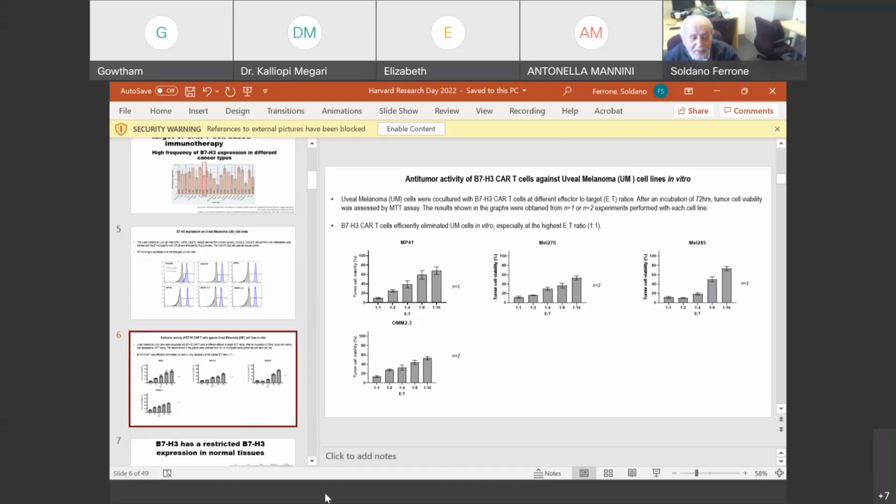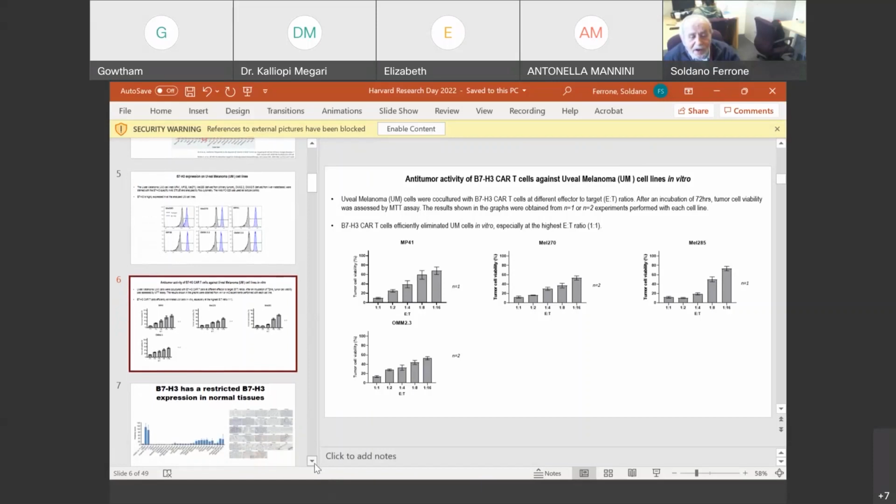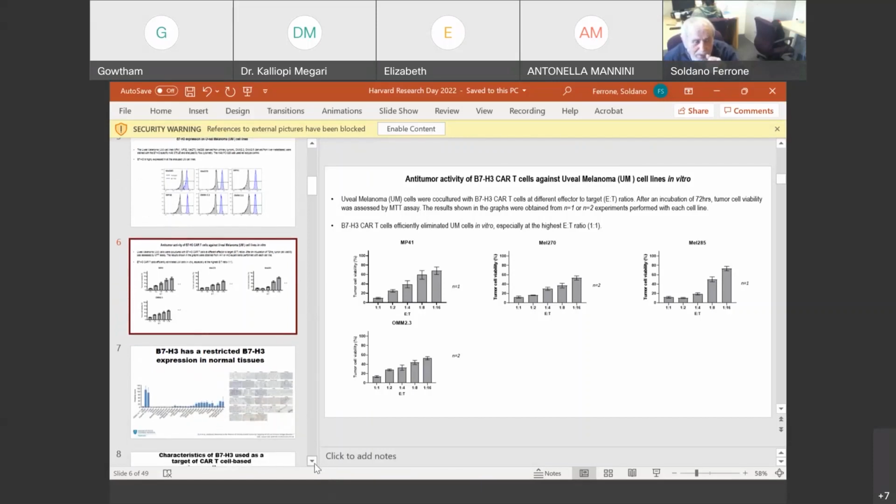But another very important characteristic for antigens, for molecules which are selected as targets of immunotherapy, is what is the expression in normal tissues. Because clearly, if the antigen is expressed in many normal tissues, then any immunotherapeutic approach will cause many side effects and therefore will cause many problems from a clinical viewpoint.